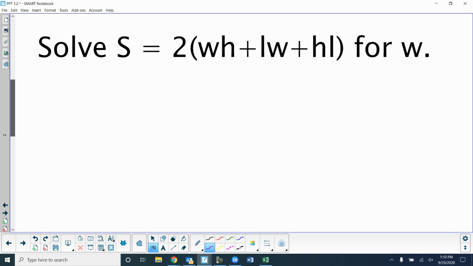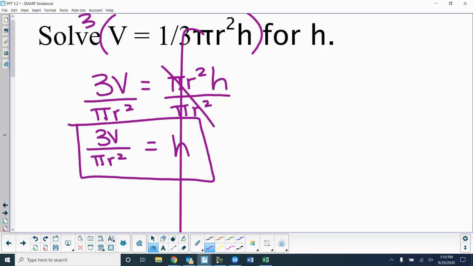So when you've got multiple W's, since you're looking for W, or if we were solving for L, we'd have multiple L's, we usually have to distribute or something. And sometimes you won't. Okay? So keep the W's together on one side, get everything else on the other side. But since there's a 2 in front, we're going to distribute to help us do that.